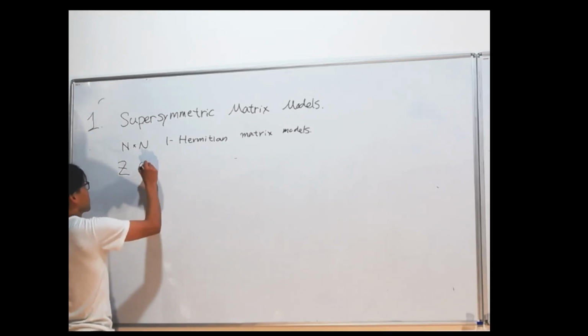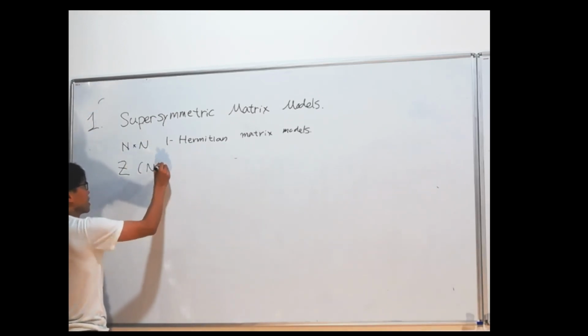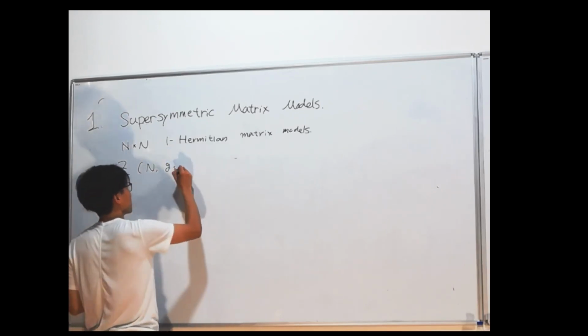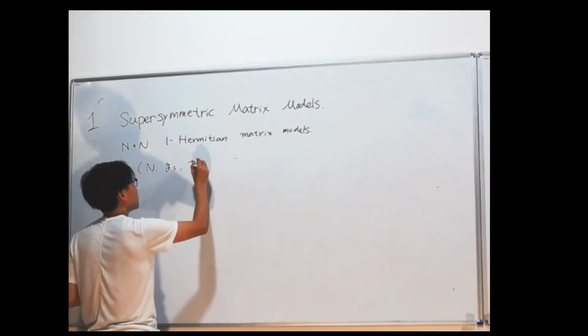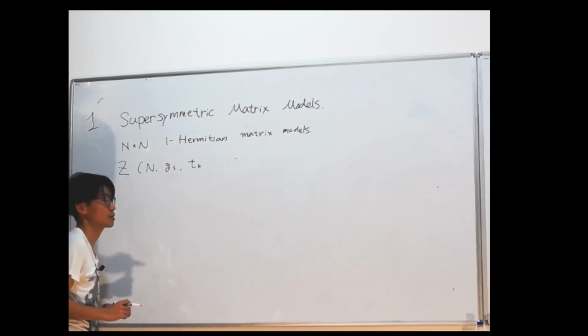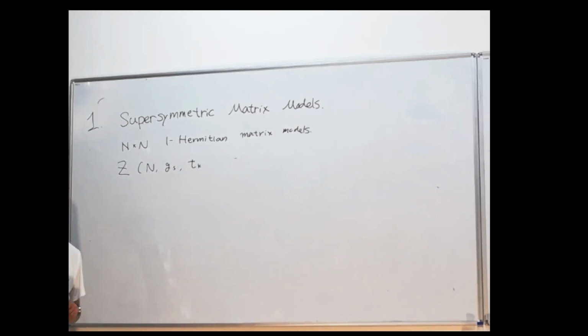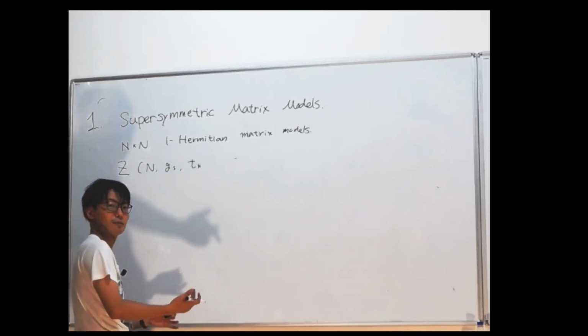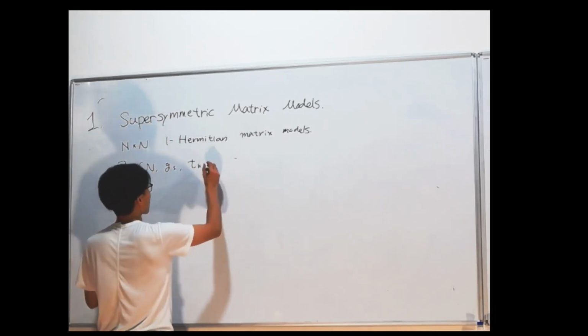This comes with, of course, N, and also the string coupling constant, and the t_k, sometimes called KdV or KP times, sometimes called couplings, some sort of parameters.